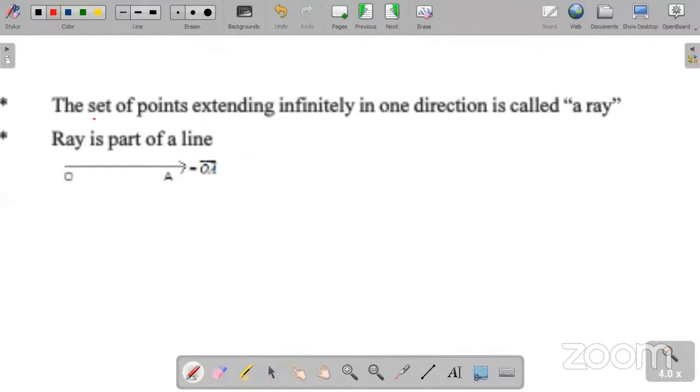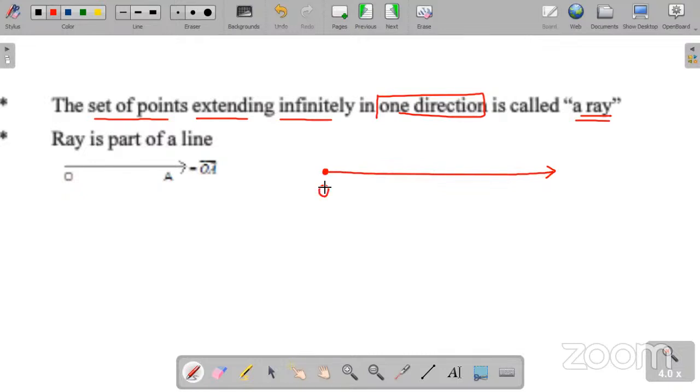See, the set of points extending infinitely in one direction is called a ray. So what is meant by a ray? A set of points extending infinitely in one direction. It extends only in one direction from this. This is only one endpoint. Say O, this is A. This is called OA ray.